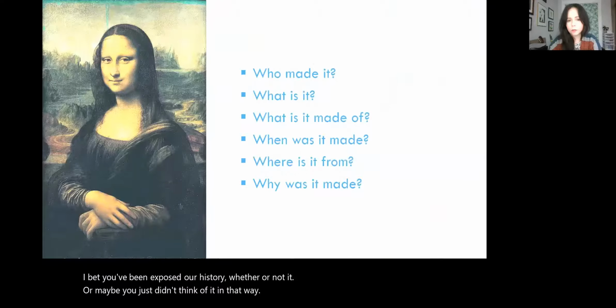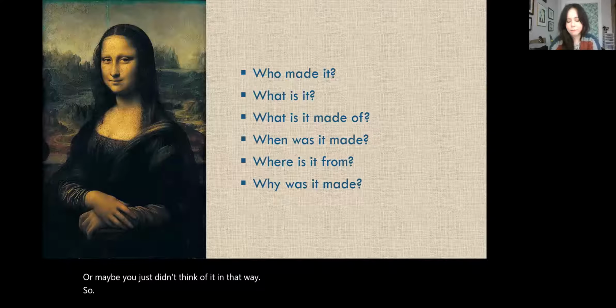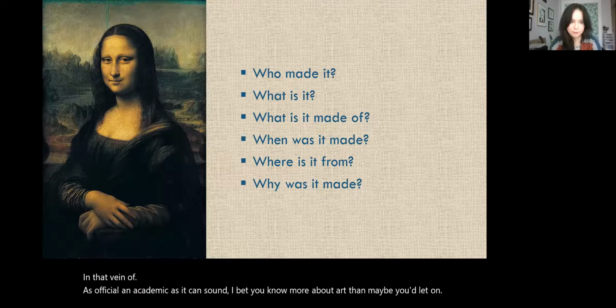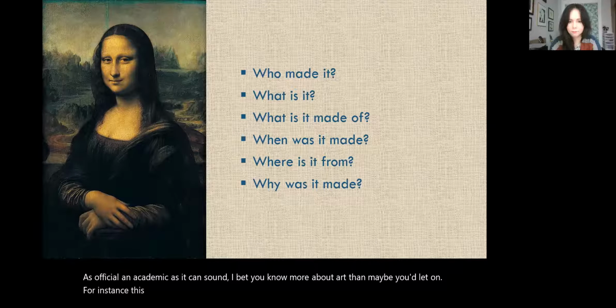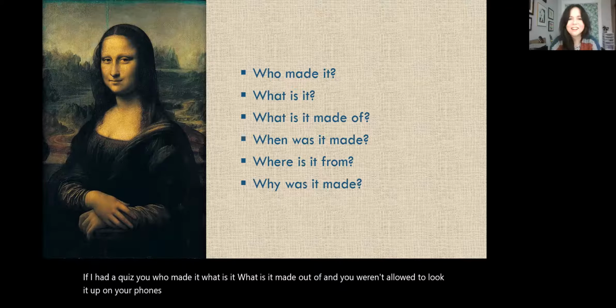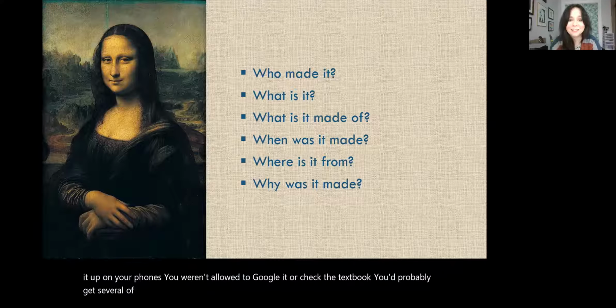So in that vein, as official and academic as it can sound, I bet you know more about art than maybe you'd let on. For instance, this painting here. If I had to quiz you who made it, what is it made of, and you weren't allowed to look it up on your phones, you weren't allowed to Google it or check the textbook, you'd probably get several of these questions right.